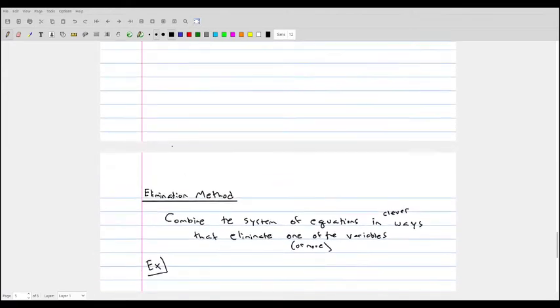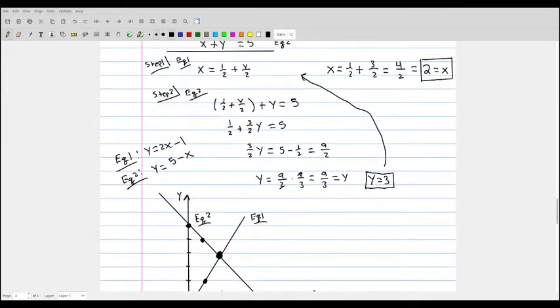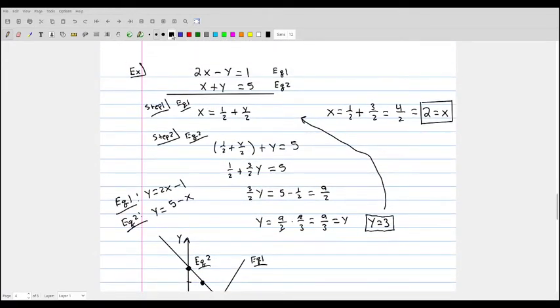So in our example, we're looking at the system of equations 2x minus y and x plus y.